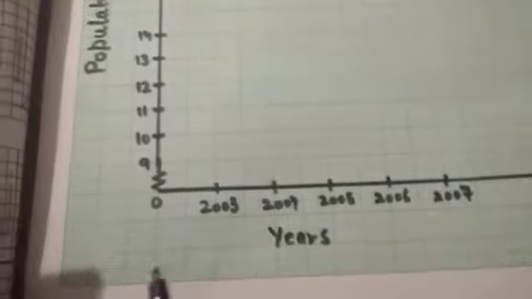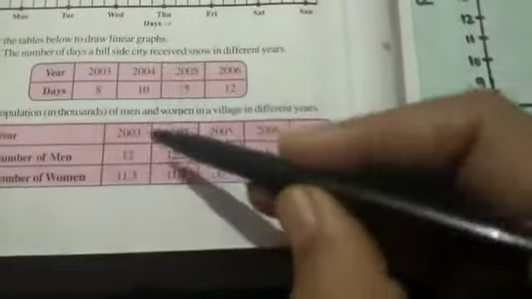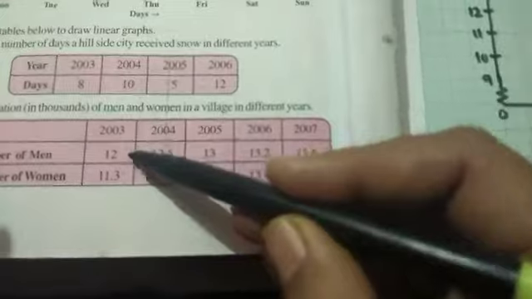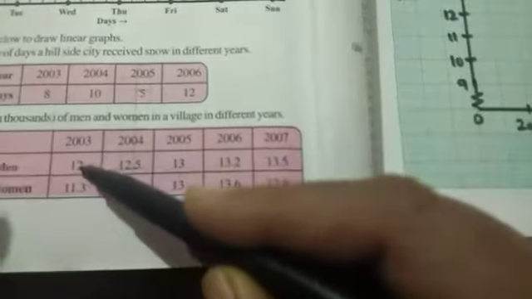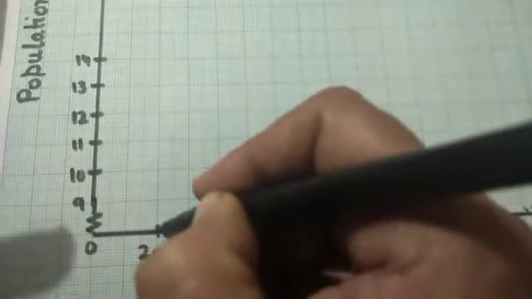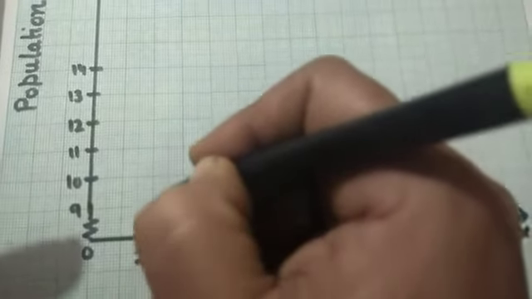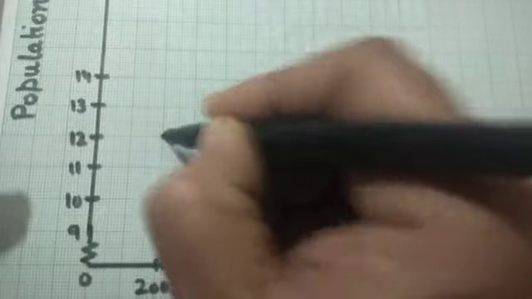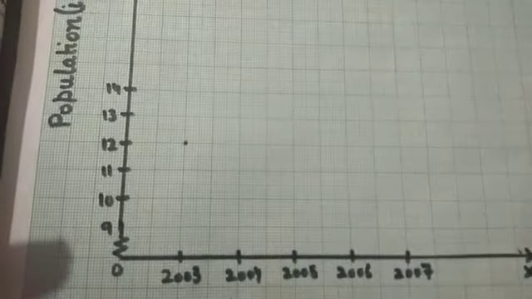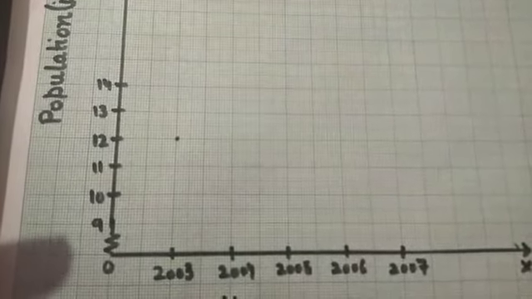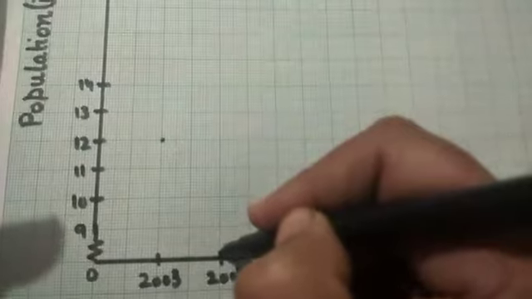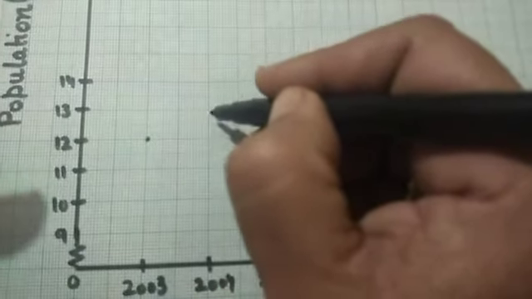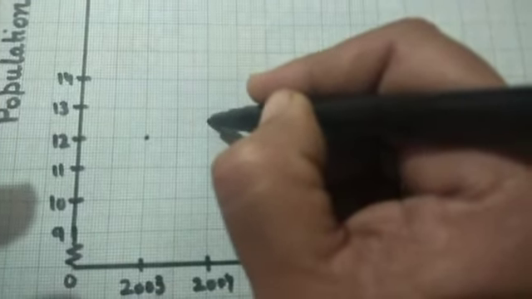Now first of all we'll draw years and number of men. In 2003, 12,000. So in front of 2003, we'll go to the value where 12 is. Then in 2004, 12.5. 12.5 will be lying between 12 and 13.